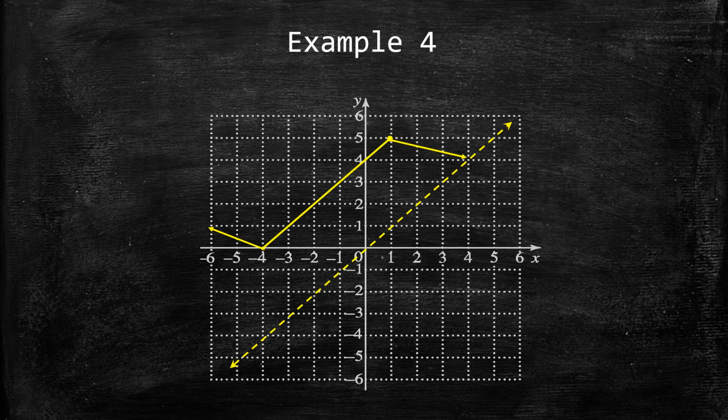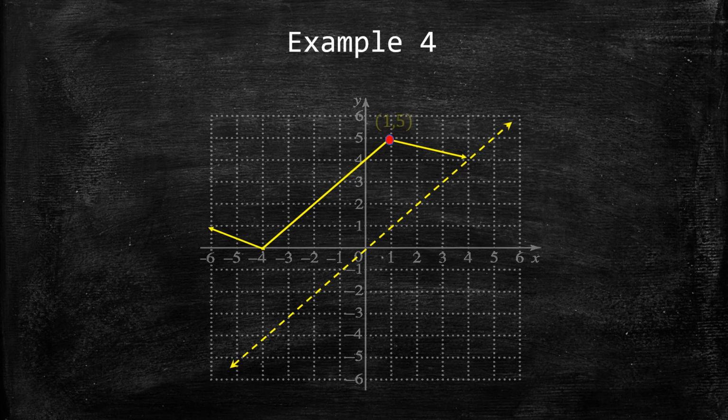Another example. We're going to start by taking points and switching the coordinates. This one, 1, 5, becomes 5, 1 on the inverse. 4, 4, switch the coordinates, nothing happens, so this point belongs to both the function and the inverse. This one is 0, 4, switch the coordinates. 4, 0 will belong to the inverse. -4, 0, switch the coordinates, it becomes 0, -4.